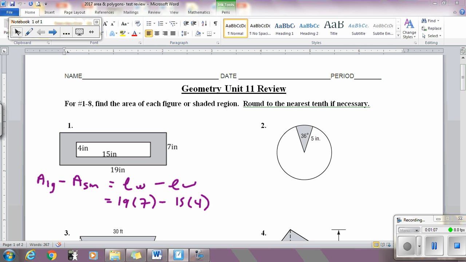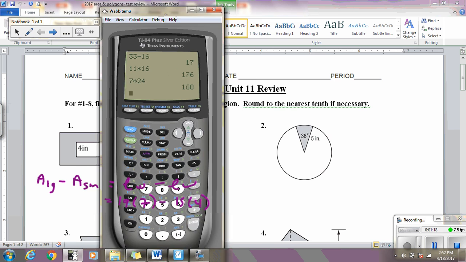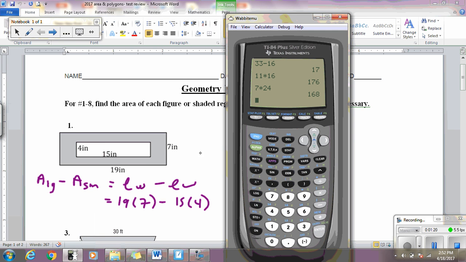And then I can go ahead and grab my calculator and type it all in one step. Or if you don't have a graphing calculator, you can type it in stages.